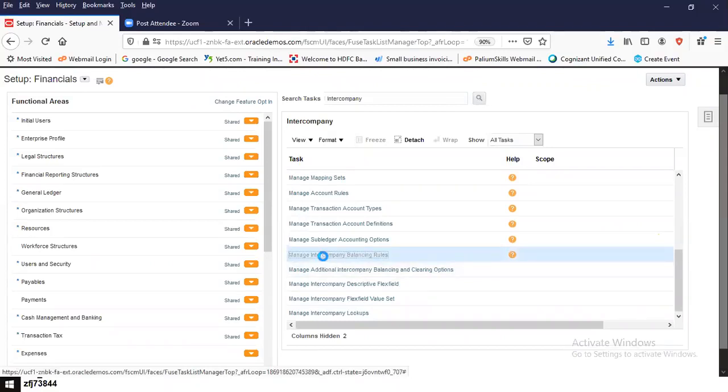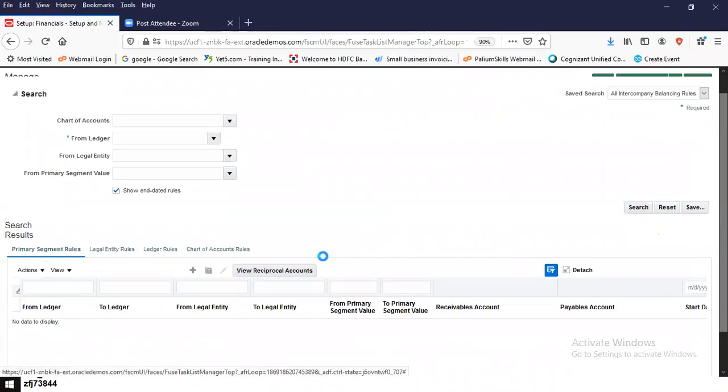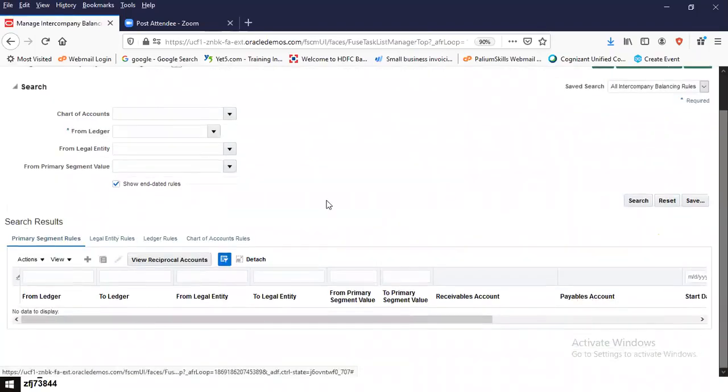We had said that the balancing rules can be defined at multiple levels: primary segment rules, legal entity rules, ledger rules, and the chart of account rules. You could have a from-to, saying from one ledger to another ledger, or you could have a specific chart of accounts that you want to use.